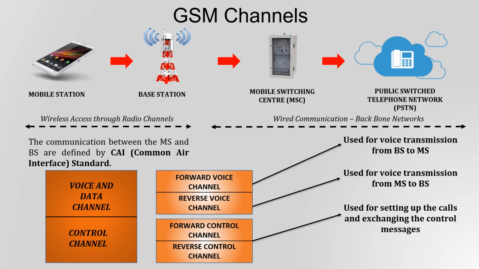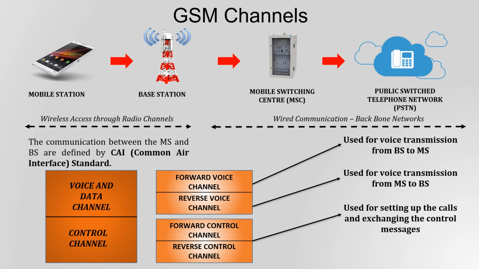So when a mobile station is interfaced with the base station wirelessly, there are certain standards which define how the channels have to interface the mobile station and the base station. That standard is specified by a common air interface, called the CAI standard. So what is the CAI standard? The CAI standard says that, let us assume this is the total channel bandwidth available at the base station.